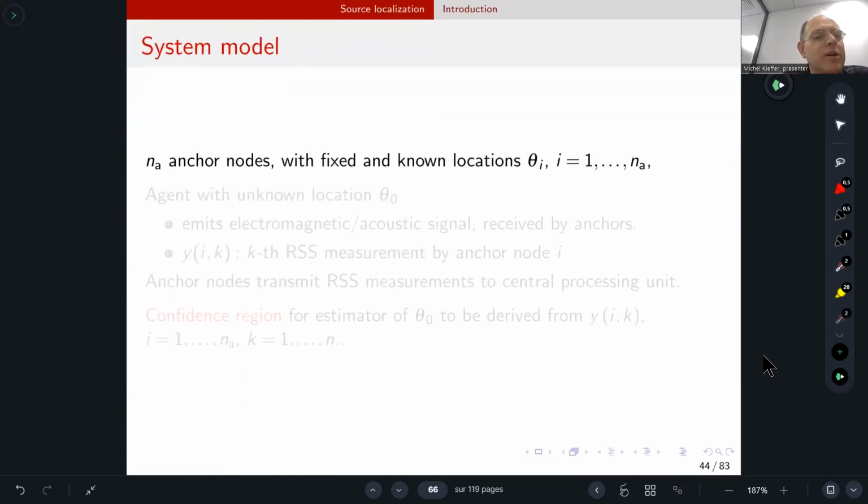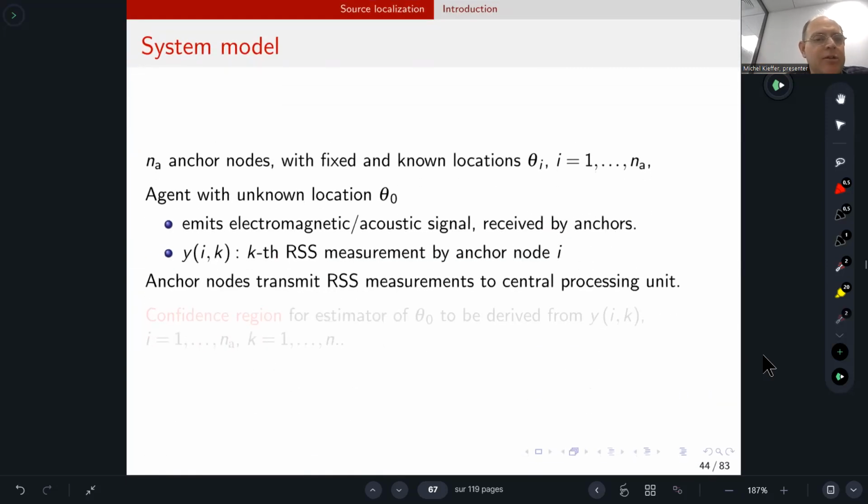So the setup: we consider that we have NA anchor nodes with a fixed location θi, and an agent situated at θ0, which emits an electromagnetic wave or an acoustic signal, which is received by the anchors. This is a received signal strength measurement, which is received by anchor i.